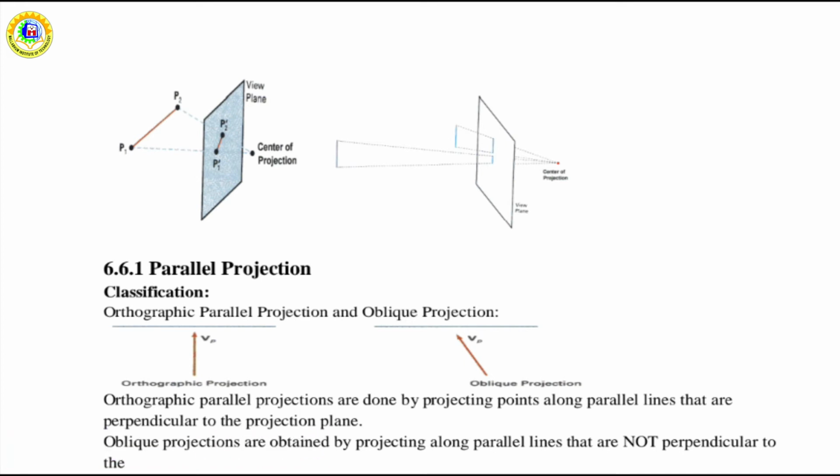So the projection of distant objects is smaller and the projection of the nearest object is larger.